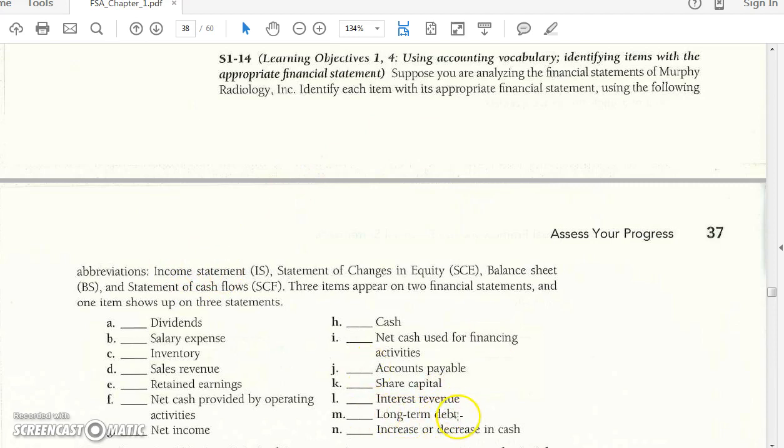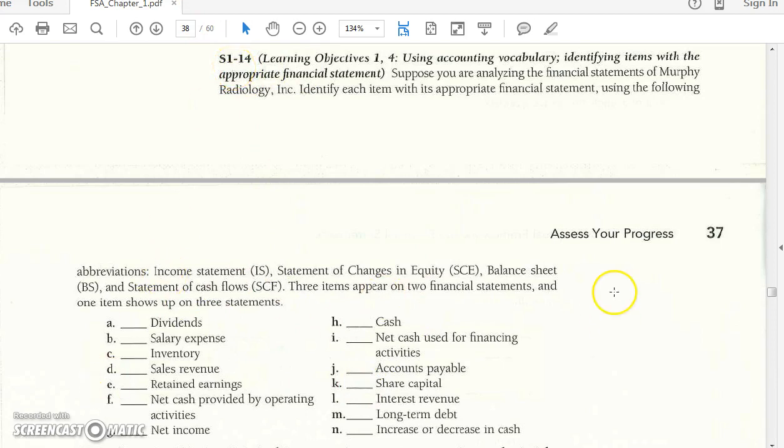Long-term debt shows up under the balance sheet as a liability. Then net increase or decrease in cash. Well, that is something that is a statement of cash flows. So why don't you compare what I've gone over for question 14 and see how you did.